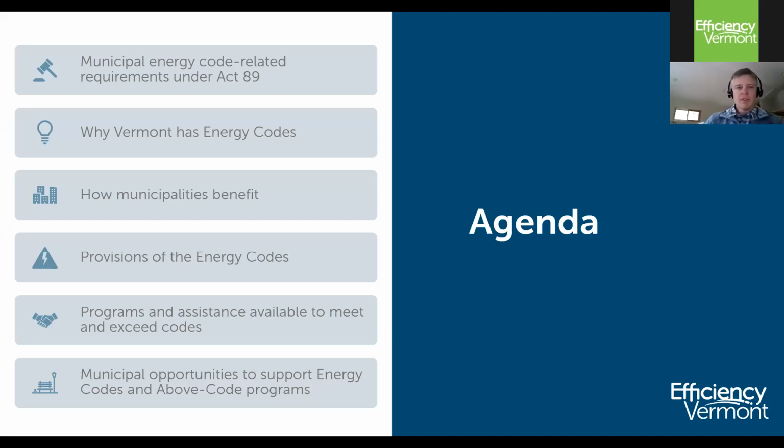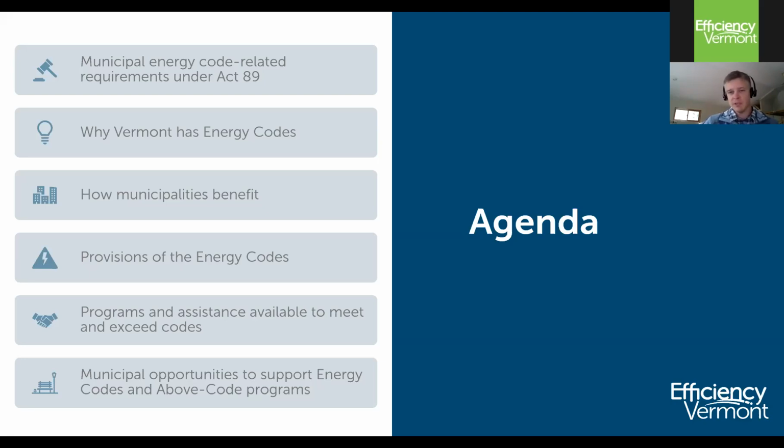What we're going to cover today is some direct provisions as they land on municipal and local officials under the Act 89 changes that came into play a few years ago. We'll cover why Vermont has energy codes and what they cover, municipal benefits, why the codes exist, what the intent is, and what the outcome can be as more buildings are built and renovated to meet the standards.